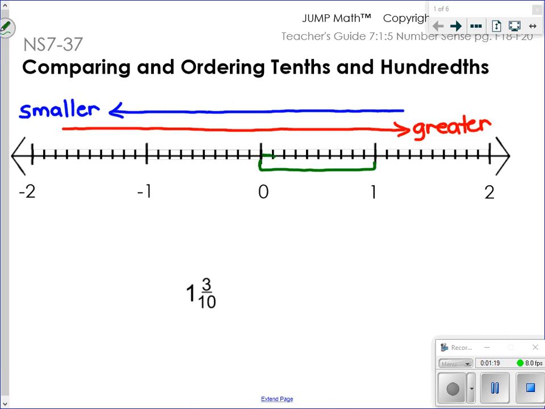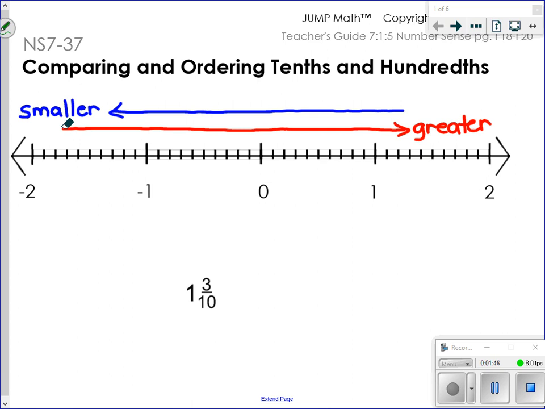So 1, 2, 3, 4, 5, 6, 7, 8, 9, 10. This section has been split into 10 equal parts. What that means is each of these tick marks is 1/10 of that section. So this number line has been split up to help us record tenths.